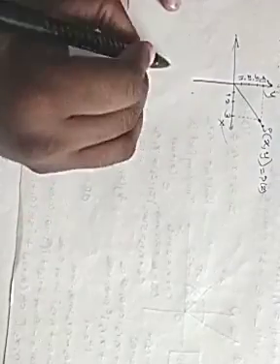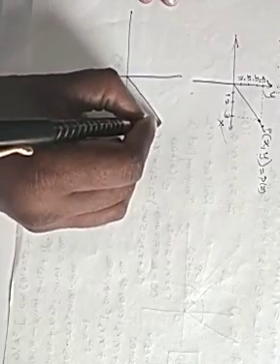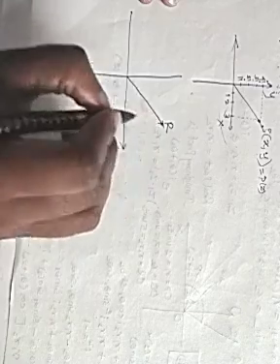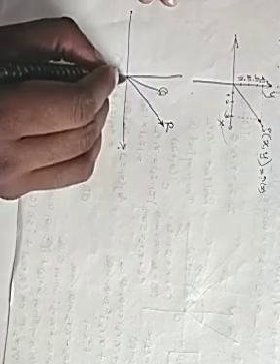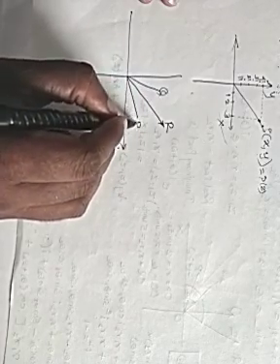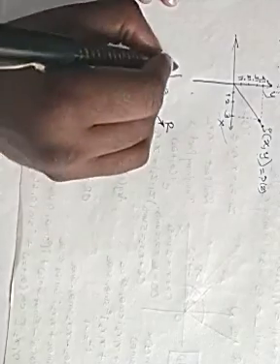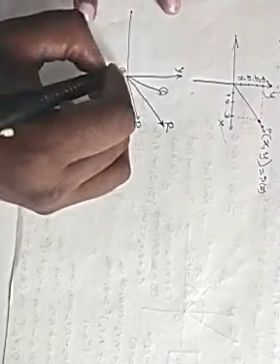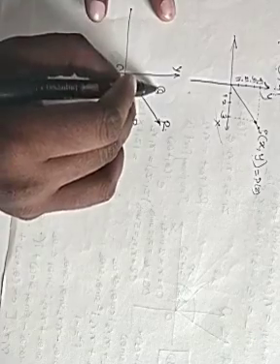Now let's consider another diagram like this, where we have a particular vector, that is R, and here is Q and here is P. So the center O, axis X and axis Y. So this is the real axis, this is the imaginary axis, and point P is here, Q is here, R is here.